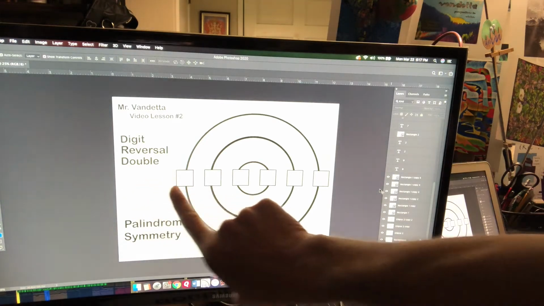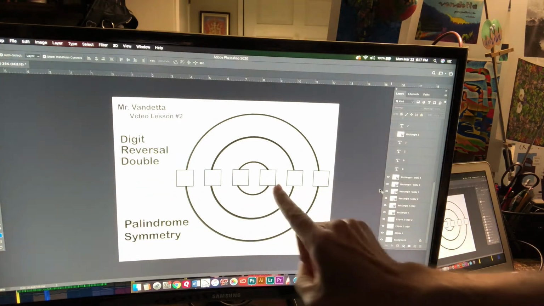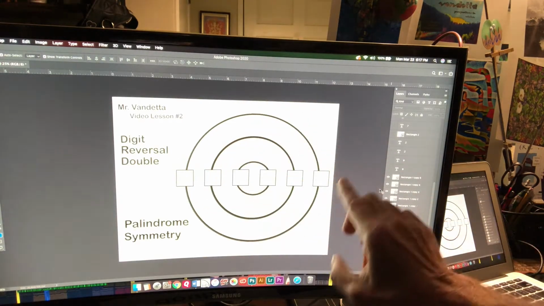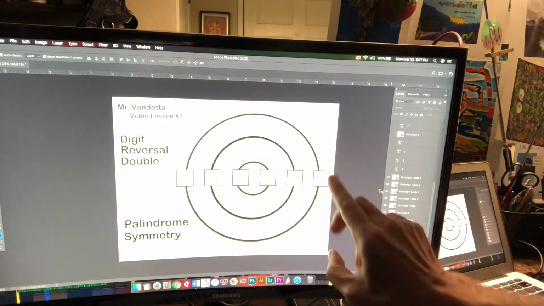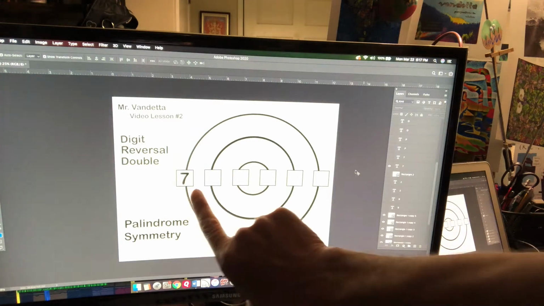Remember, we're going to create a number here and then put the reversal here. But we want to make sure that each digit gets into the right box, and we're going to use the circles as our guide. So here's going to be our first digit in this number.